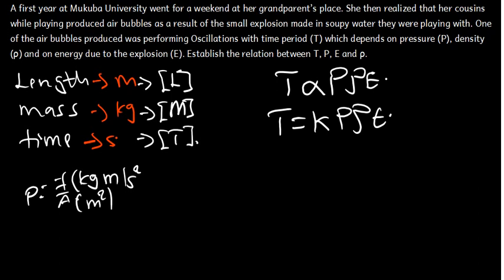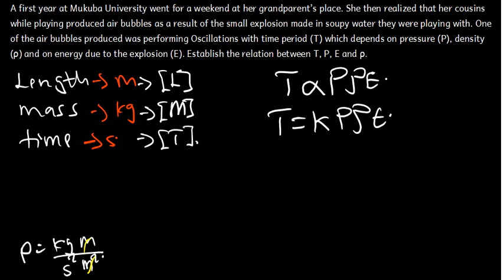So in short, the units for pressure are going to be kg, meters, and since the area is on the denominator, it's going to come with this. Now we can see that we can cancel 1 m.